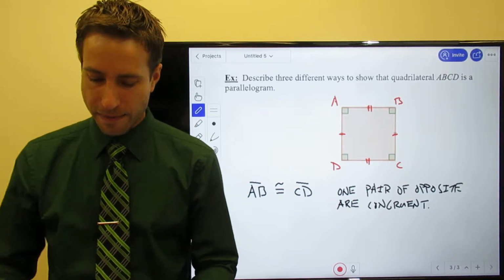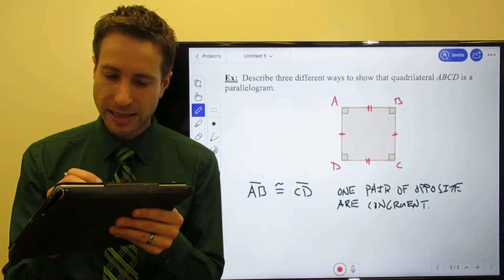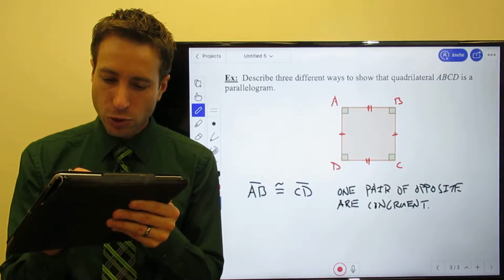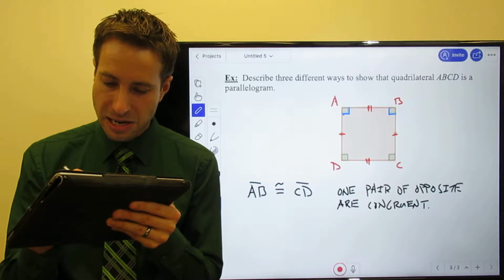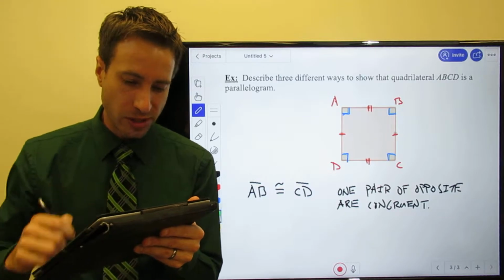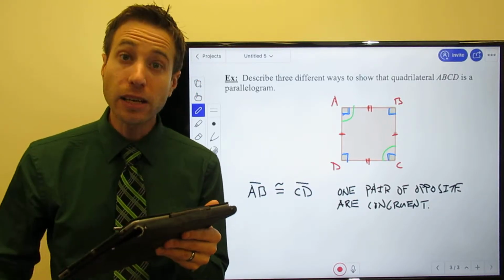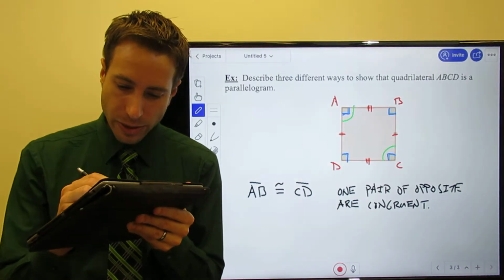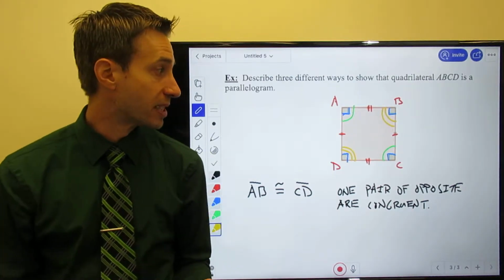What about another way? Well, the second way I could do this is simply this. Please notice, hopefully you can see in the diagram, that little box means 90 degrees. Well, I need opposite angles. I know that angle A and angle C are opposite angles. I know that angle D and angle B are opposite angles.